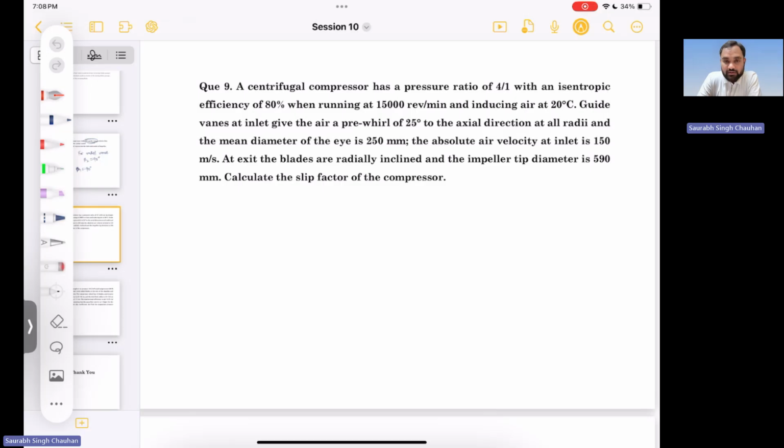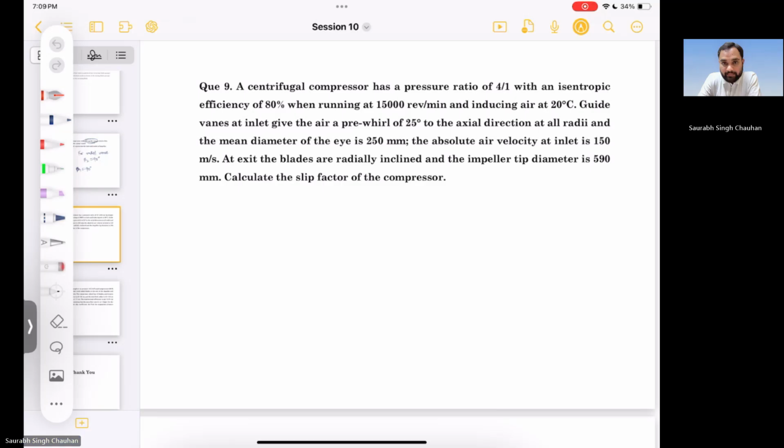Isentropic efficiency of compressors we discussed when we were discussing the Brayton cycle. Running at 15,000 revolutions per minute, so that is basically omega. Inducing air at 20 degrees Celsius, so this is the temperature at inlet. And the inlet guide vane gives air a pre-whirl of 20 degrees.